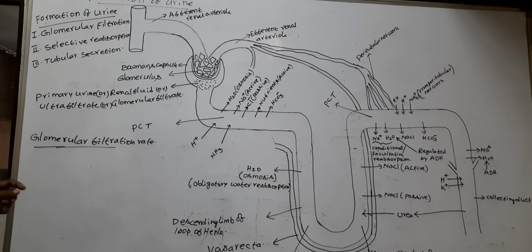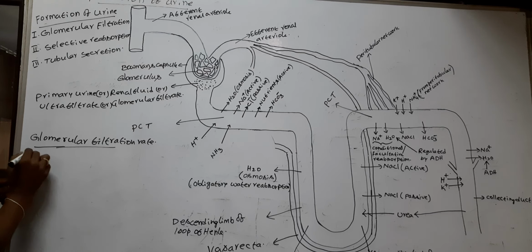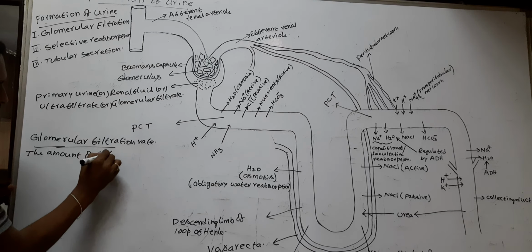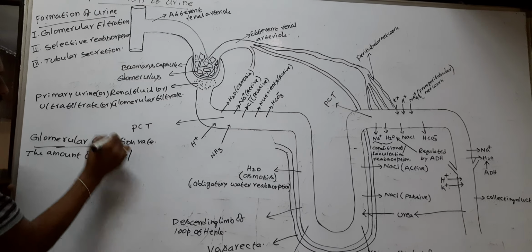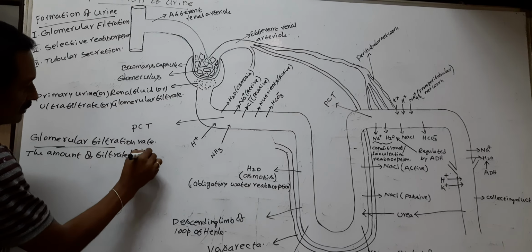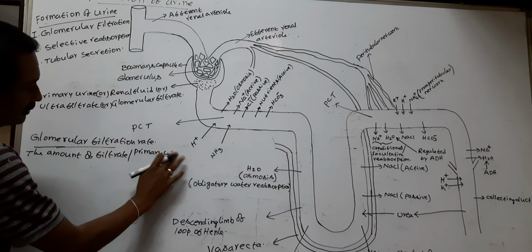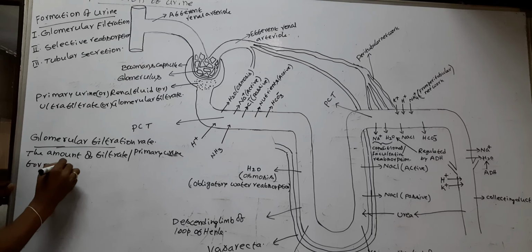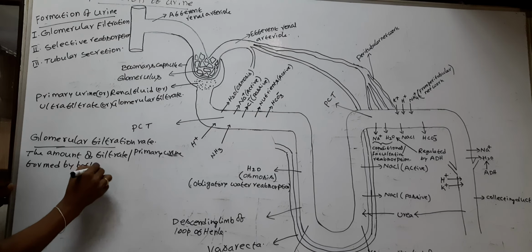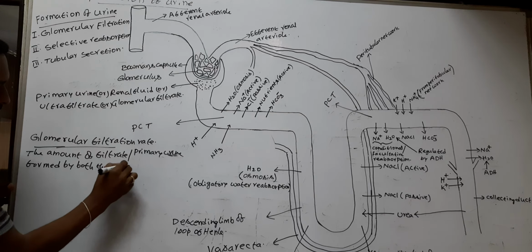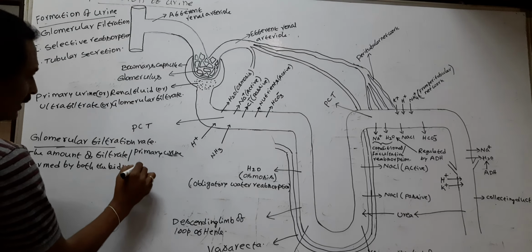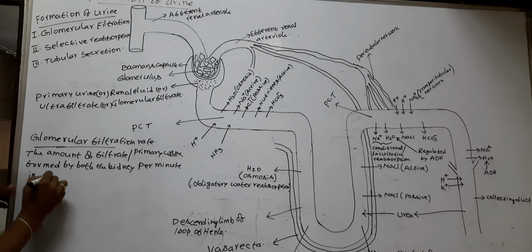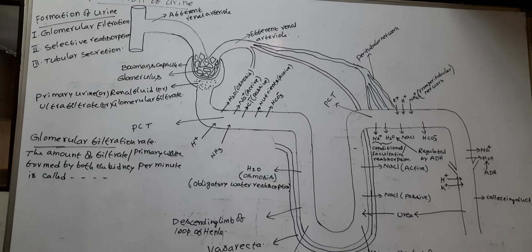So the amount of filtrate or primary urine formed by both the kidneys per minute is called glomerular filtration rate.